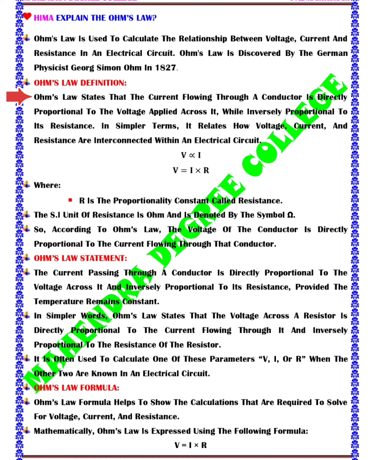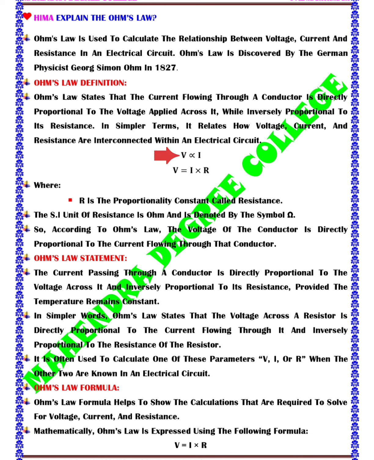Ohm's law states that the current follows a linear relationship with voltage. In simple terms, Ohm's law is one of the fundamental laws of electrostatics which states that the voltage across any conductor is directly proportional to the current flowing in that conductor.